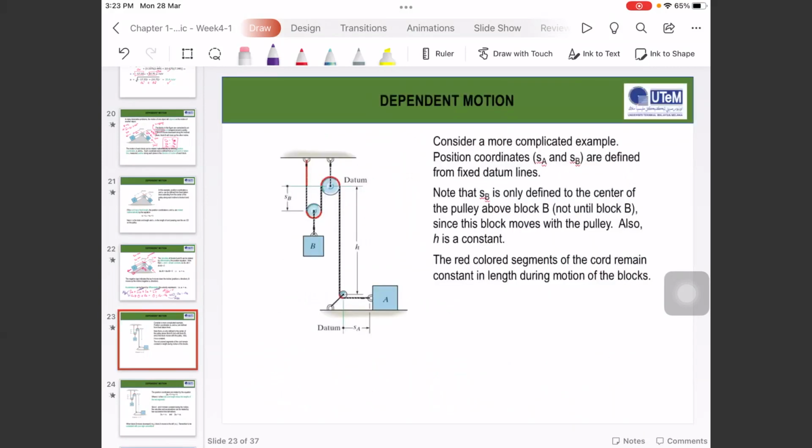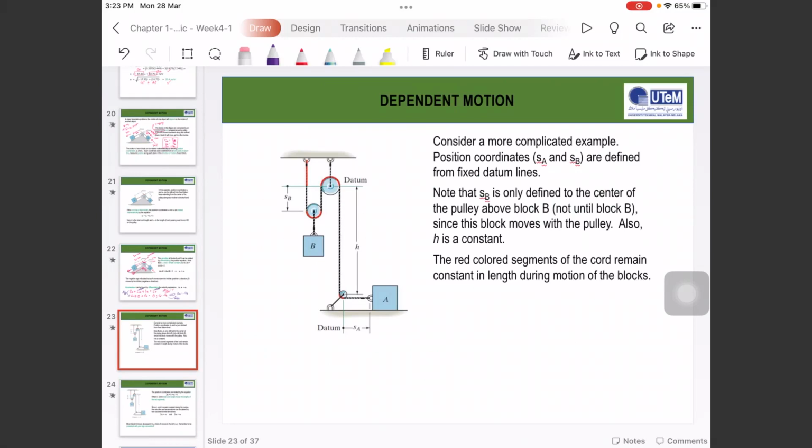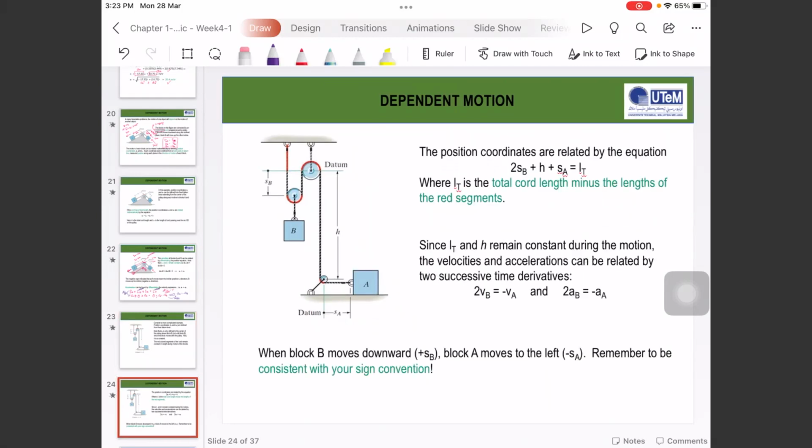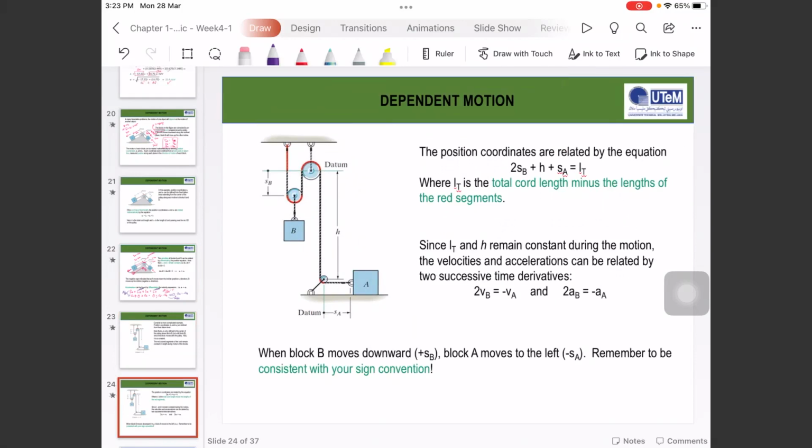Ini susah sikit. Alright. So kita ada block A and block B. Okay. So this length dia tak berubah.